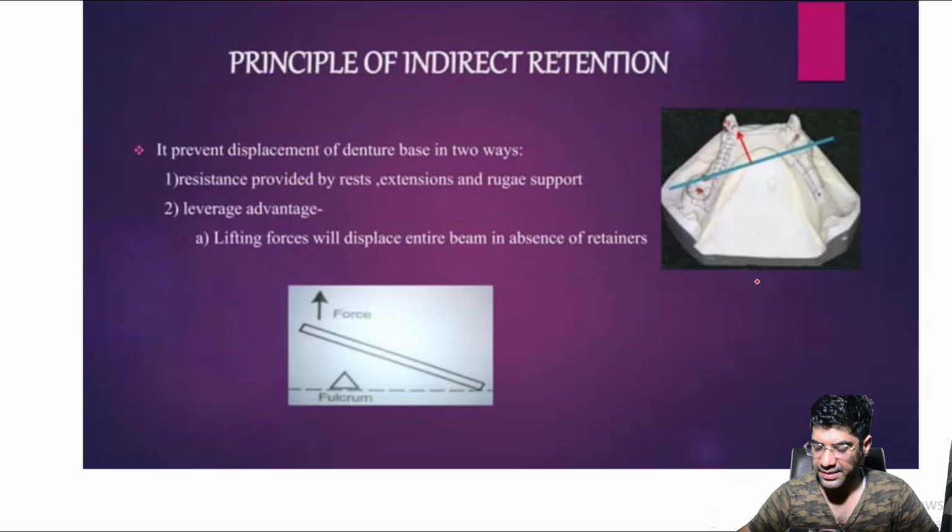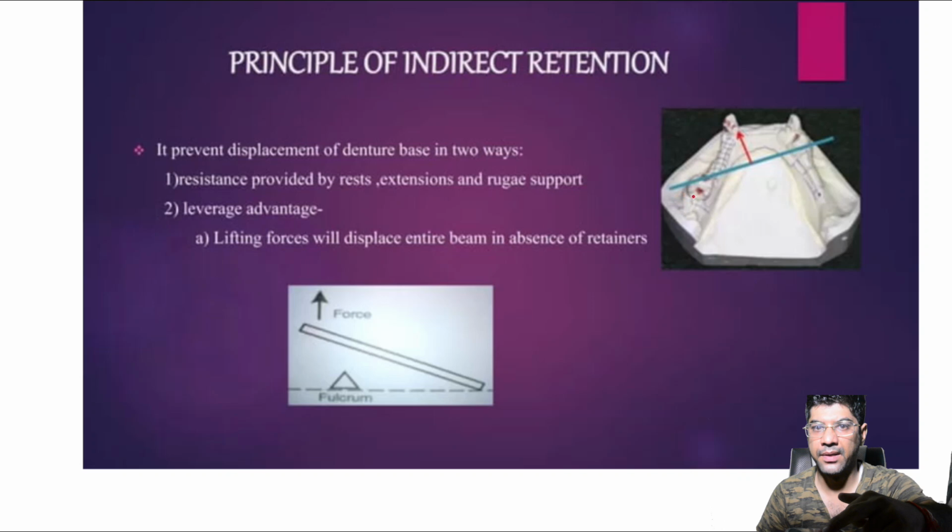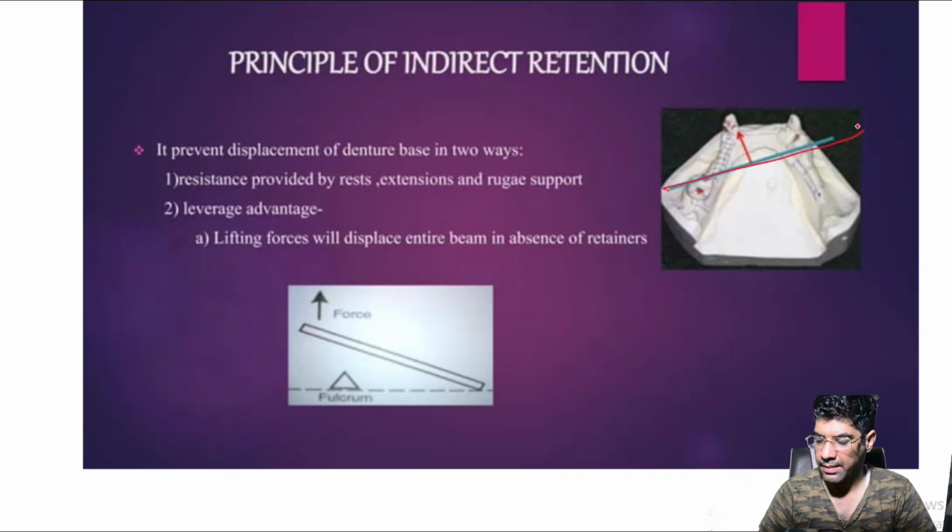Now let us discuss the principle of indirect retention and how these function. Let us discuss that one by one. Imagine a long bar with a single spot. If you pull up on one end, the other end goes down.